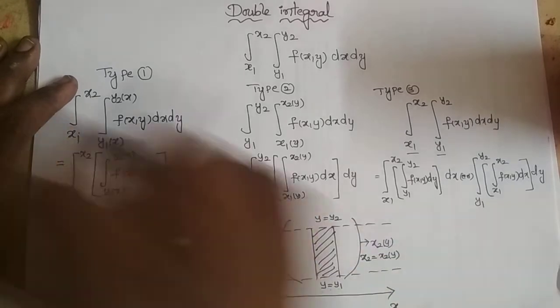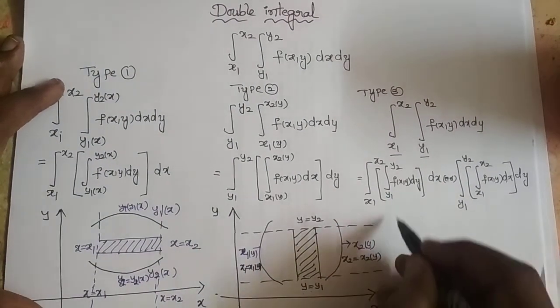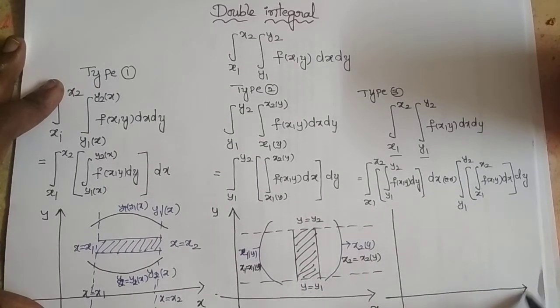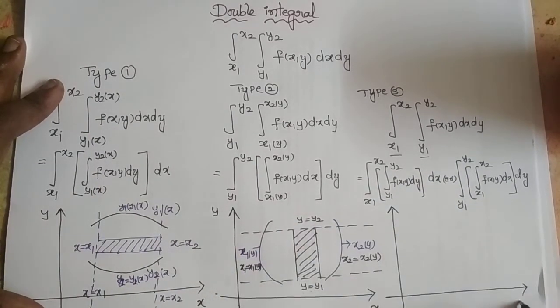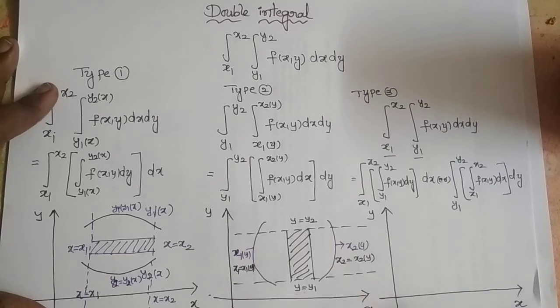And coming to the last case, case number 3 or type number 3, these are the graphical representations. So I should consider all boundaries.